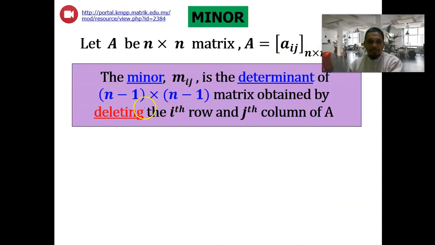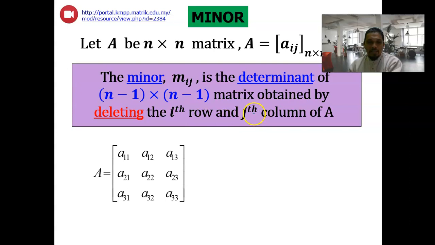Okay, so the minor of matrices: the minor of ij is the determinant of the n minus 1 by n minus 1 matrix obtained by deleting the ith row and jth column of A. For example, when we have a matrix A with a size of 3 times 3, the minor of 2, 1 is found by deleting the ith row and jth column of A. So row number 2, we hide the elements in row number 2 and column 1.